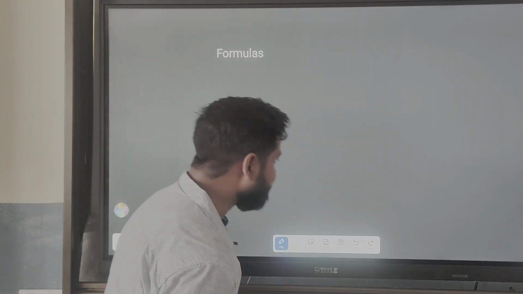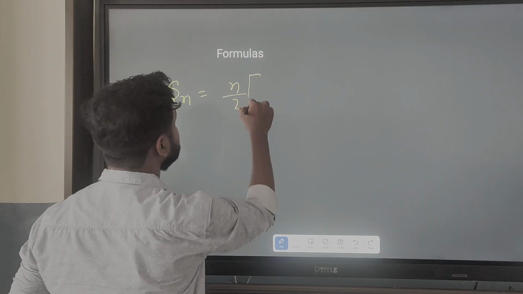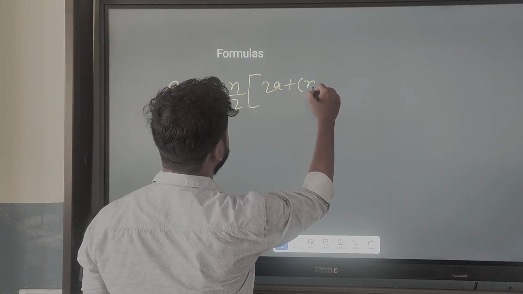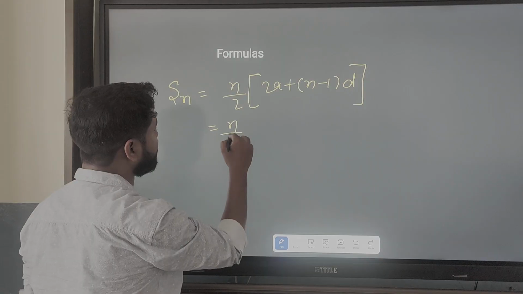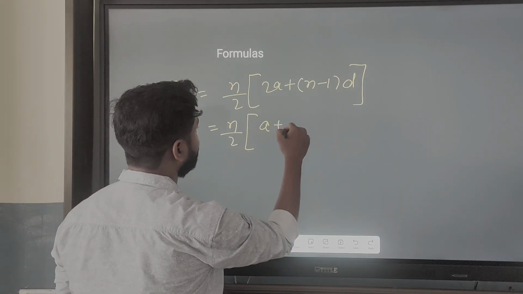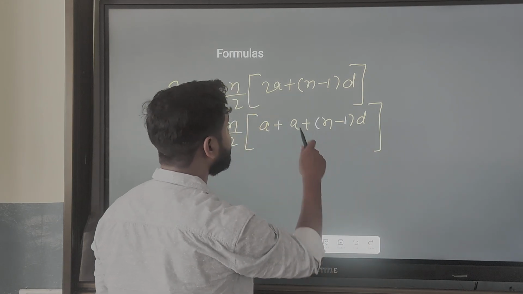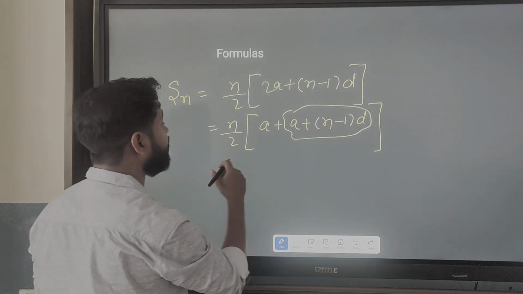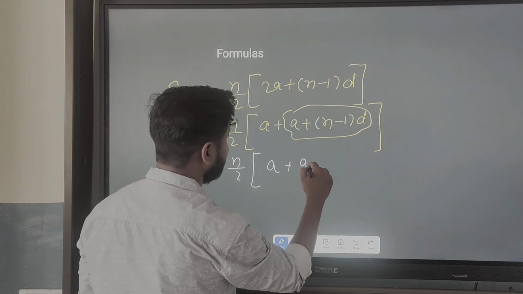See, we have seen the formula for the sum of the first n terms: n by 2 into 2a plus n minus 1 into d. If we rearrange it, 2a we can write as a plus a, and a plus n minus 1 into d we can write as the nth term.